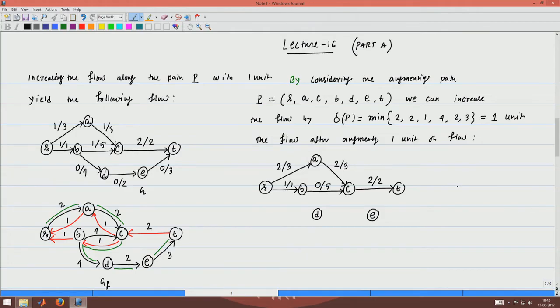Here I also want to write down that in the augmenting path, C B is a part of the augmenting path.